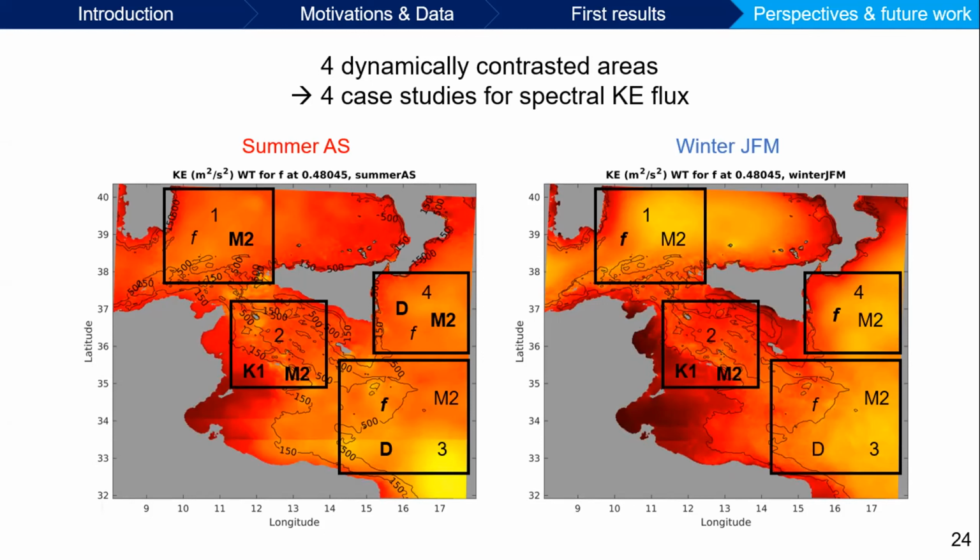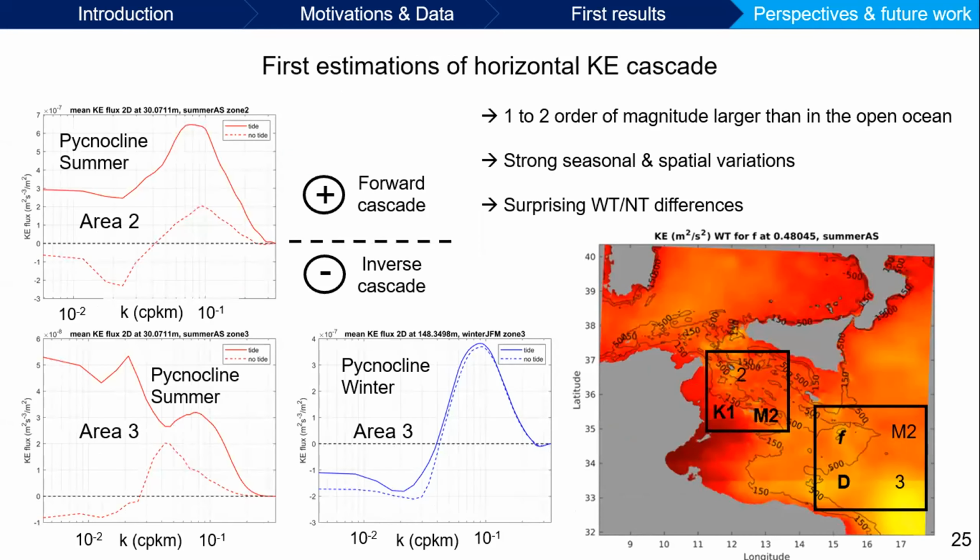And we were interested in computing the spectral kinetic energy fluxes as in Eddy et al. in those 4 regions, and trying to find differences and maybe explain those differences, and investigate the impact of tides and of the inertial waves on the differences we can see. So here I present you some examples of those kinetic energy fluxes. It's horizontal kinetic energy fluxes, to be precise.